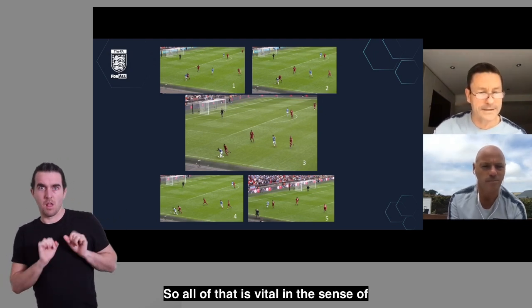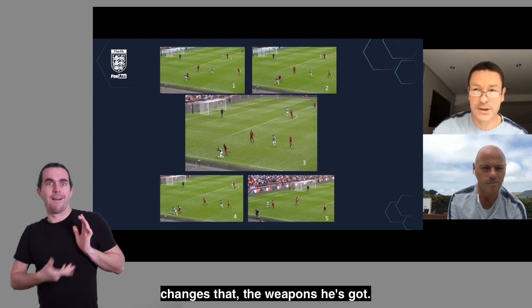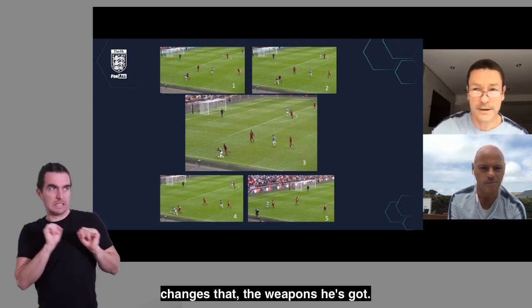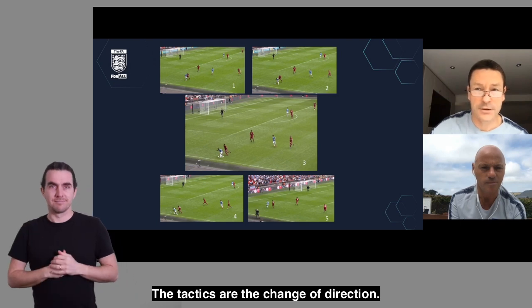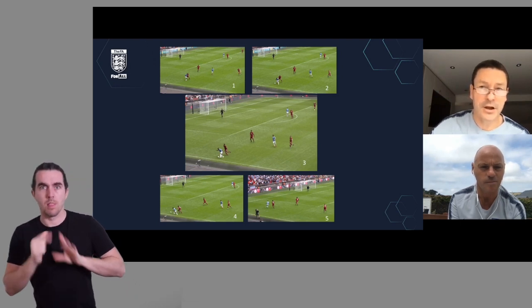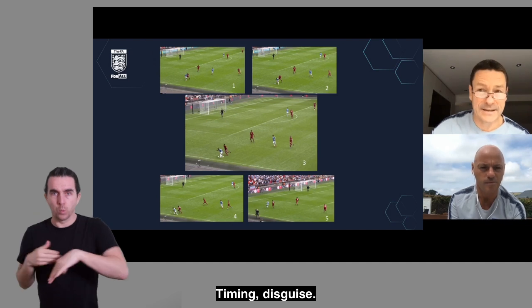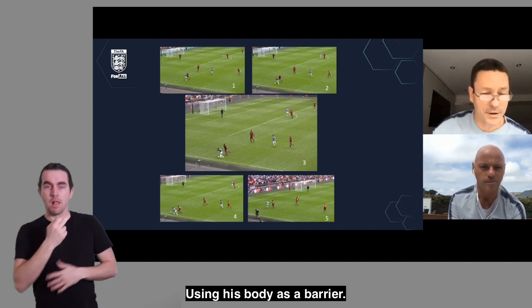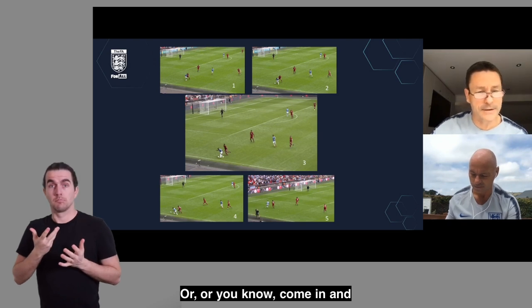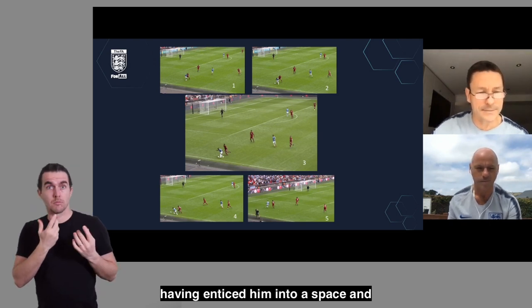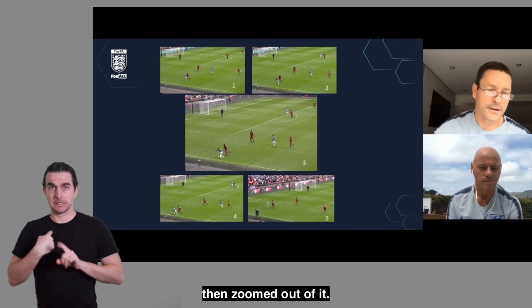So all of that is vital in the sense of changes of the weapons he's got. The tactics are the change of direction, the change of speed, timing, disguise, using his body as a barrier, all come in, and having enticed him into a space and then zoomed out of it.